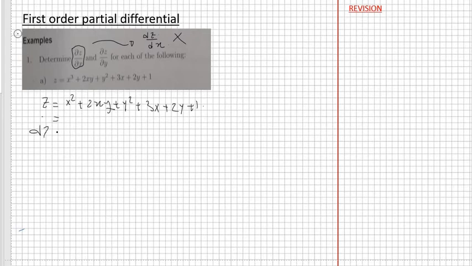If we derive this with respect to x, we get 2x, and then we have plus, and then this is the second term. We know that the second term includes two variables, but as we are deriving with respect to x, we need to treat the second variable, which is y, as a constant.